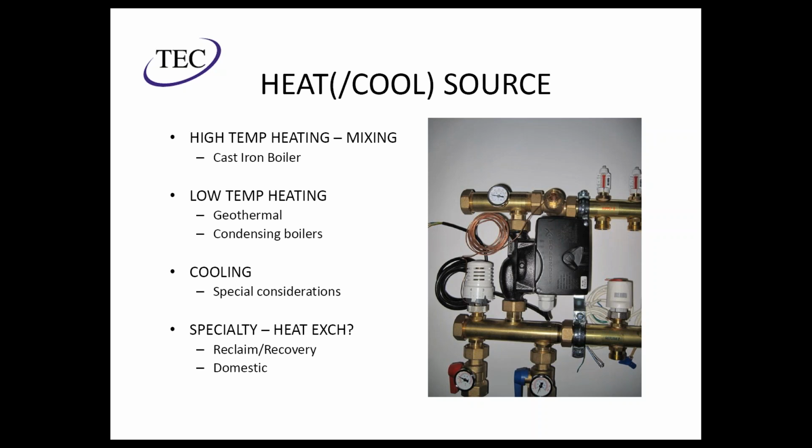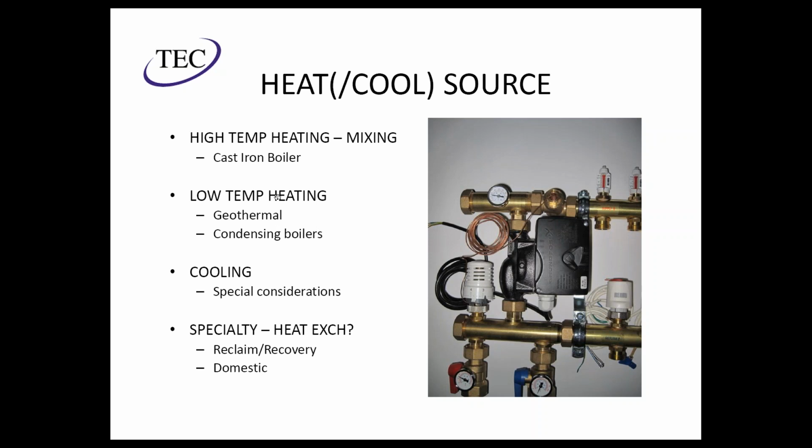Otherwise, if you have multiple manifolds, you'll need something either for each manifold or one upstream of all of them at the boiler. If you're using a cast iron boiler, it's very important that you use a four-way mixing system that is evaluating the temperature going back to the boiler, so that the mixing temperature is not only appropriate for the floor, but also so that the cast iron is not seeing a low temperature that it's not expecting.